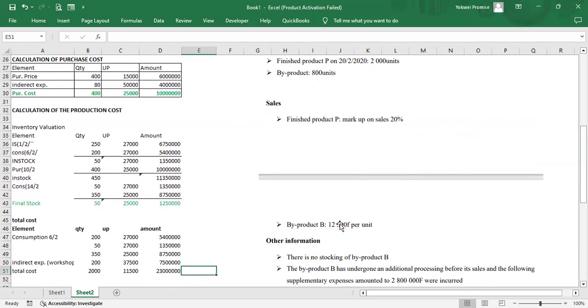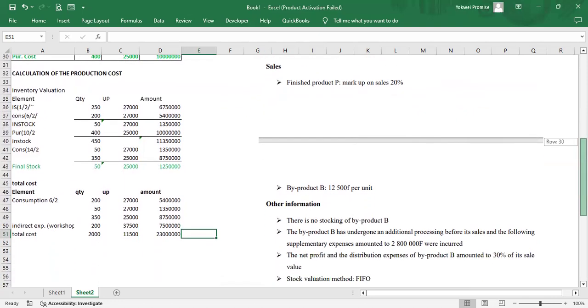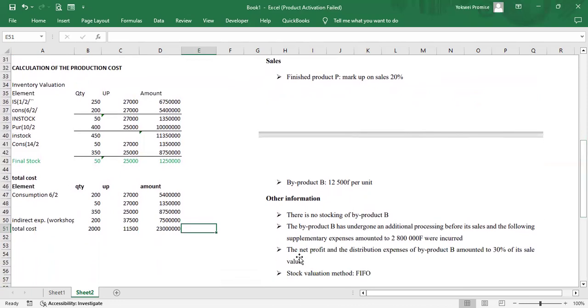And now for us to know the cost of the byproduct after the supplementary treatment, we are going to subtract the percentage of profit which was generated in the cost of the selling. And it has been given in the question. They say that the net profit and the distribution expense of byproduct B amounted to 30% of its sales value. Yes.